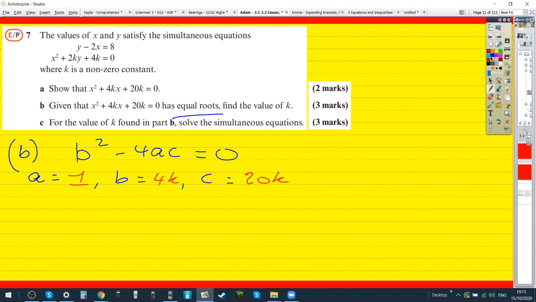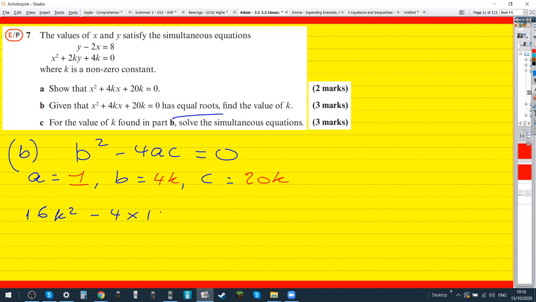And then do we put it into b squared minus 4ac? Yep. Okay. So 4 squared, 4k, so it'd be 16k. What's k times k? k squared, 16k squared. Yep. And then 4 multiplied by 1 multiplied by 20k.